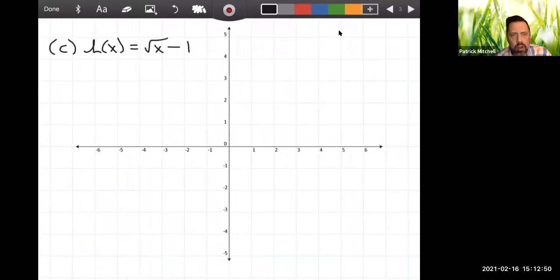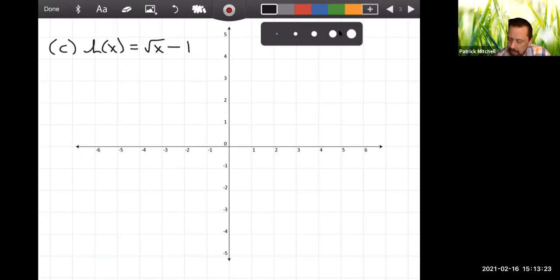And that brings us to our last example, which is h of x equals the square root of x, subtract 1. And I want to be crystal clear that the only thing under that square root sign is the x. Okay, so for this one, I'm going to do something a little different. I am going to use only nice values of x that'll get along well with that square root.